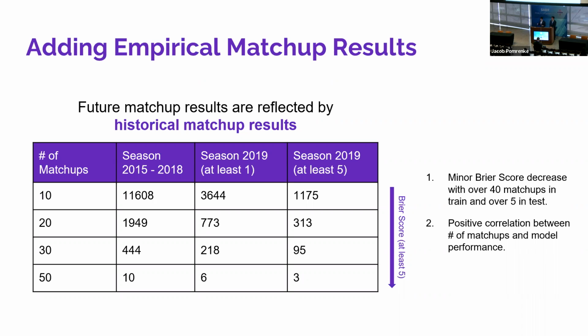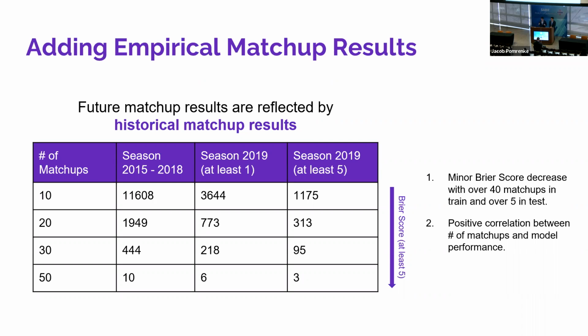As we can see in the chart, the numbers decrease dramatically. Going all the way to the bottom, for players who have played each other more than 50 times, there are only 10 pairs in the seasons 2015 to 2018, only six of them appeared in 2019, and 3 of them appeared more than 5 times.